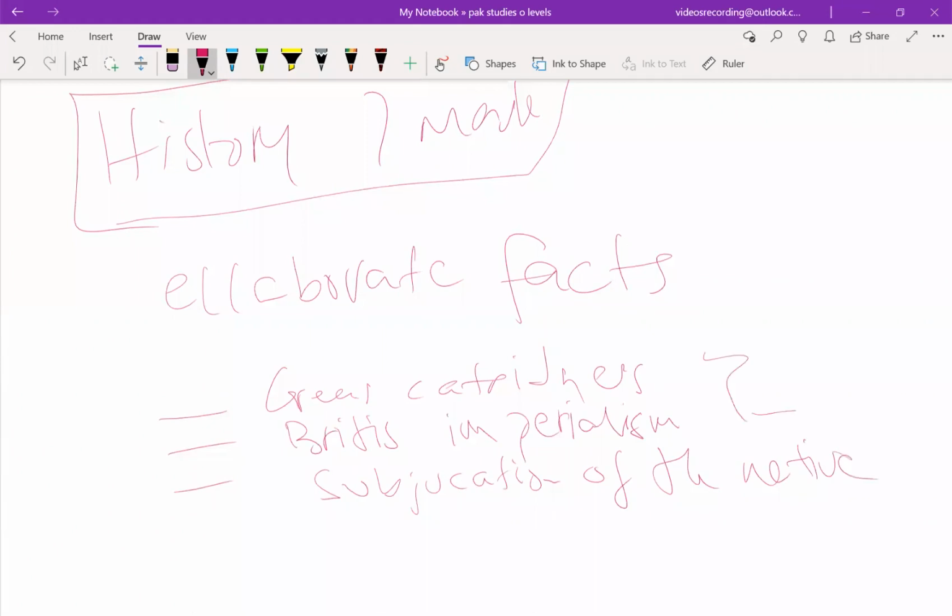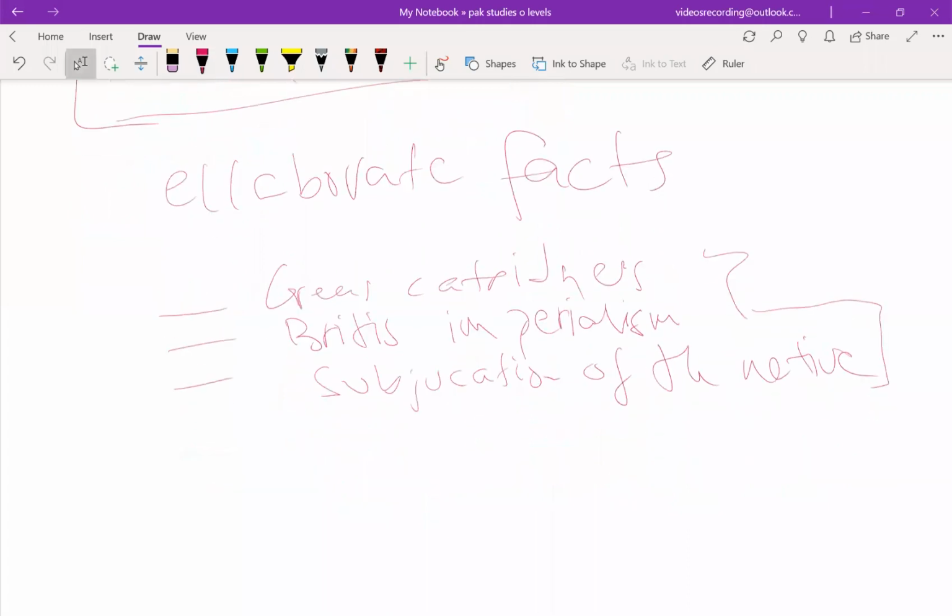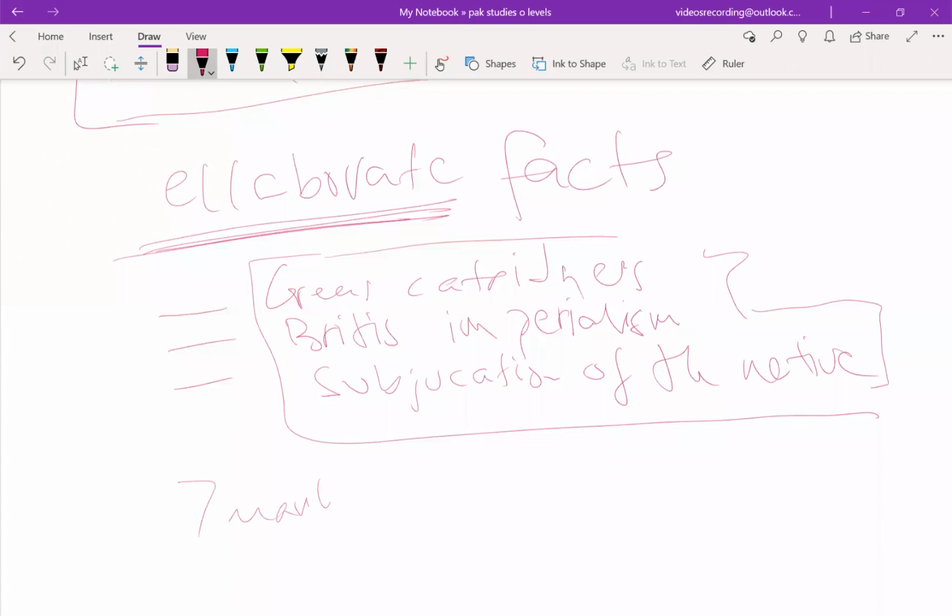Yes, if you highlight these 3 reasons and elaborate them, the important thing is elaboration of these 3 points. If you highlight these 3 major points and then elaborate them in a proper, authentic manner, you will get 7 marks for that particular question.